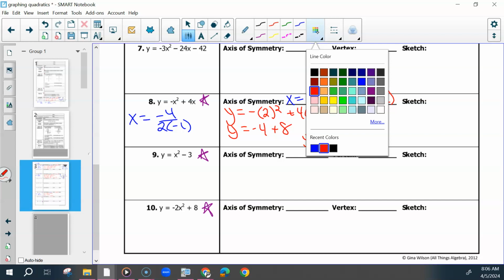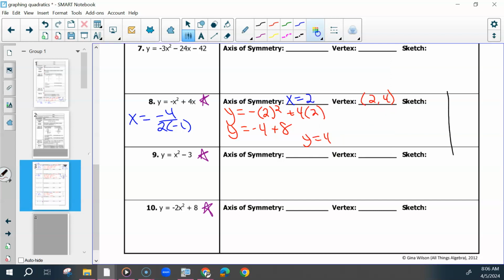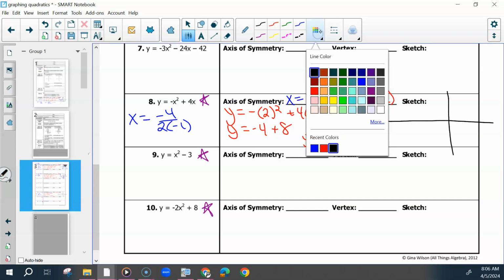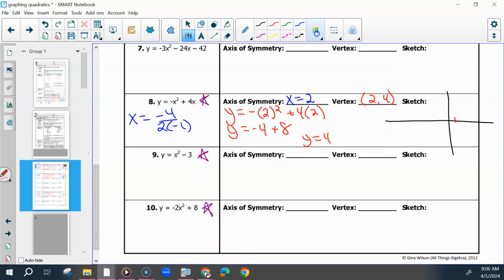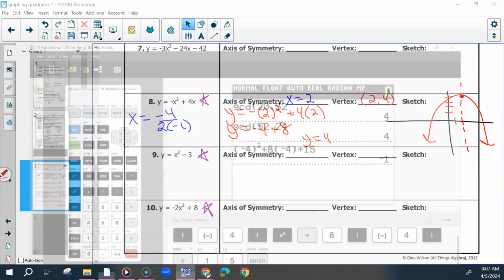And then draw that rough sketch. Will this face up or down? Down. Great. In your calculator, go ahead and type in y equals -x squared plus 4x.